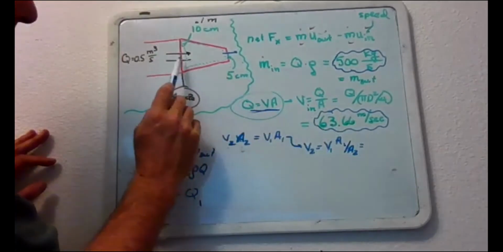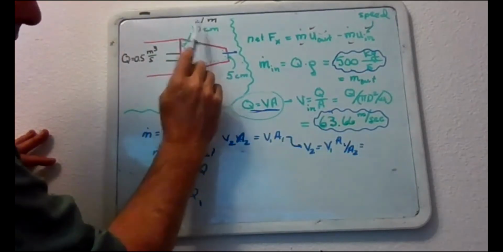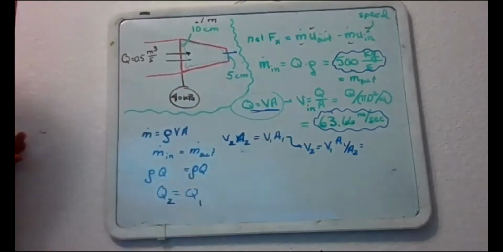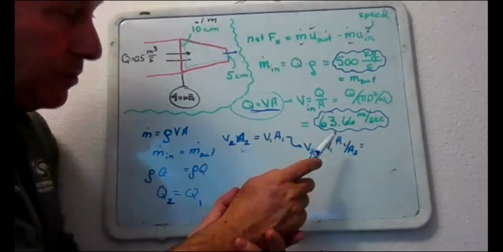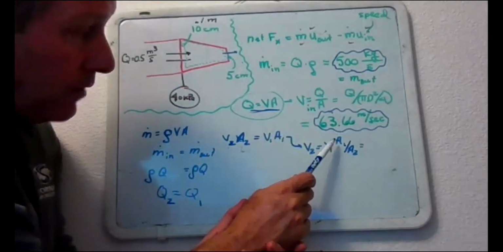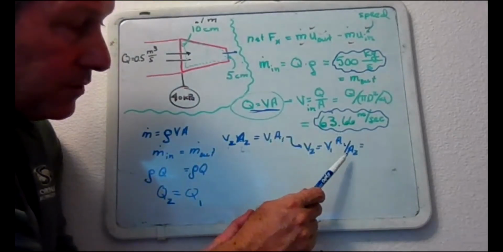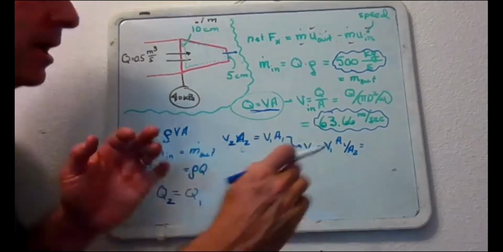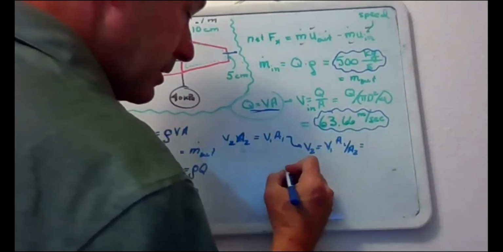We can calculate A1, that's based on the 10 centimeters, and we can also calculate A2. But remembering how we've done this sort of calculation before, this is pi d squared over 4, and this is pi d squared over 4. The pi's and the 4's go away, so we could actually calculate this.